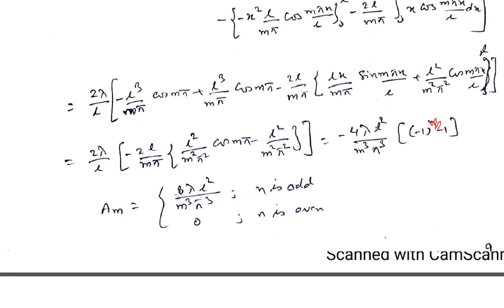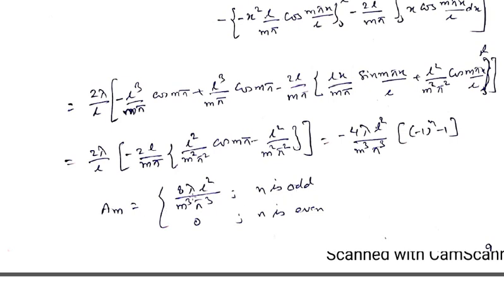So a_m equals 8 lambda L square upon m cube pi cube, where m is an odd number. Again, when m is even, it becomes 0.